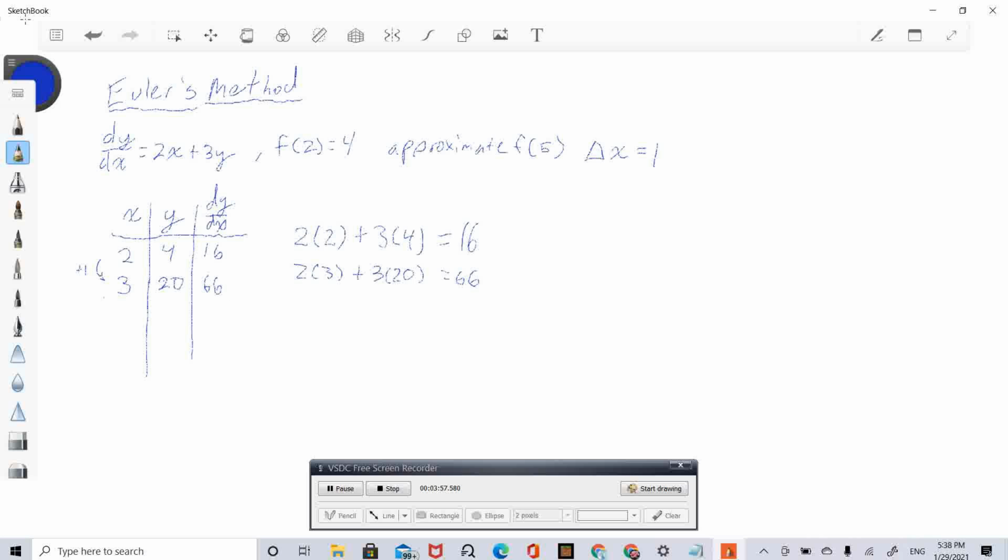Okay, so let's do another step. Let's do Euler's method again. So let's increase this to x equals 4. And since our step size is 1, we increase the y value by 66 because the slope until there is 66. So the y value at 4 we approximate to be 86.